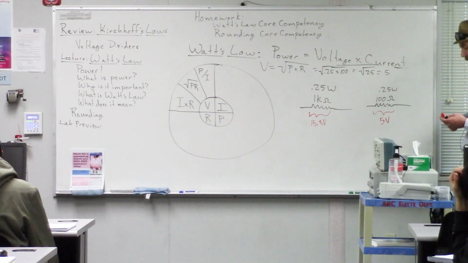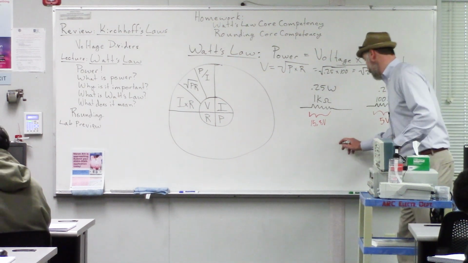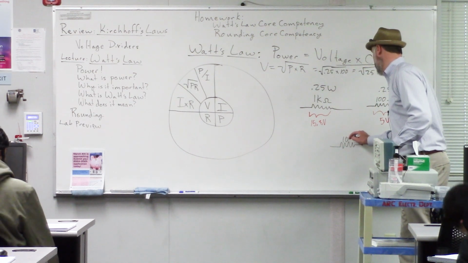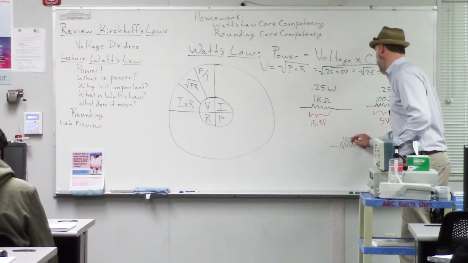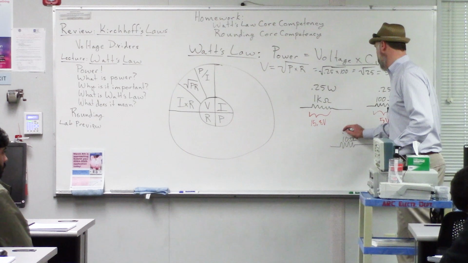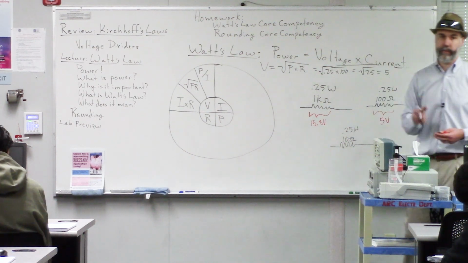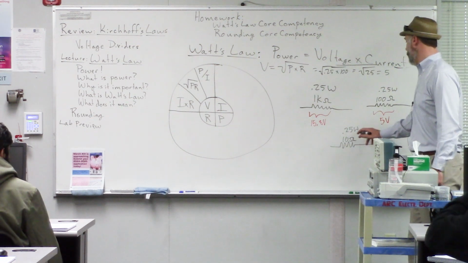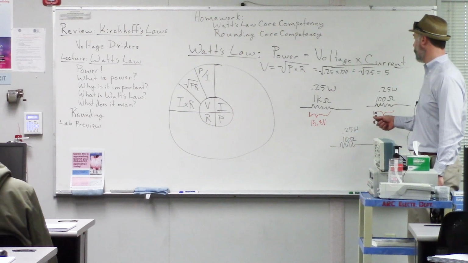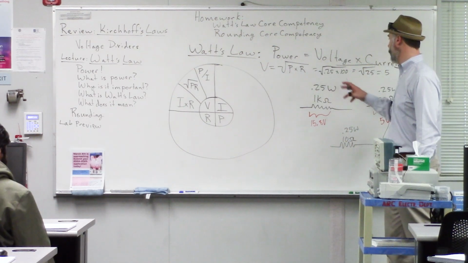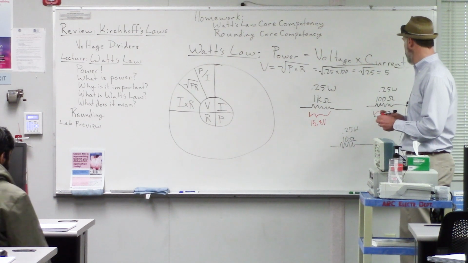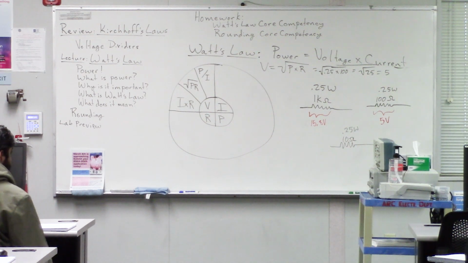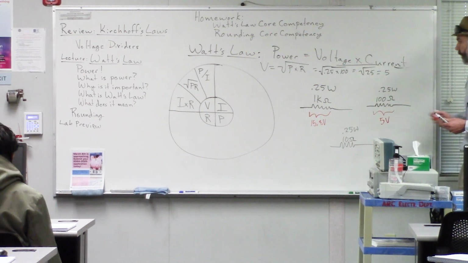And if we did the same thing with a 10 ohm resistor, it's still 0.25 watts. Most of them back there are 0.25 watts. So the voltage would be the square root of 2.5, which is about 1.6.